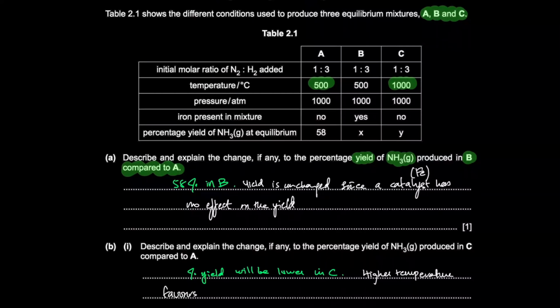Higher temperature favors the endothermic direction, so more reactants will be produced. Higher temperature favors the endothermic reaction, hence the equilibrium will shift to the left.